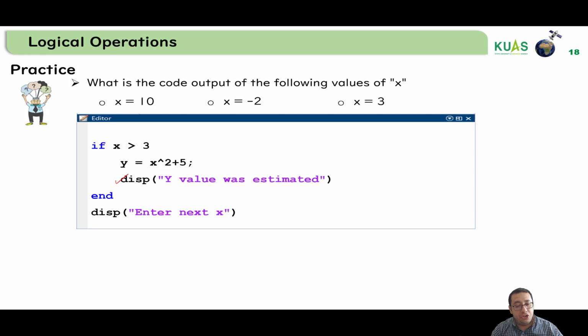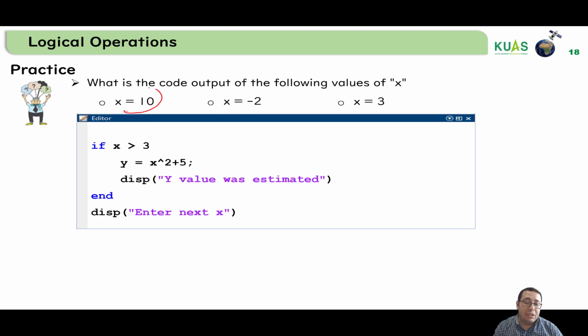Then display "enter next x", so we prompt the person to change the x value. We need to check the three cases: 10, minus 2, and 3. Let's try here first and then go to MATLAB to check. But you can pause the video now to try by yourself before I try.